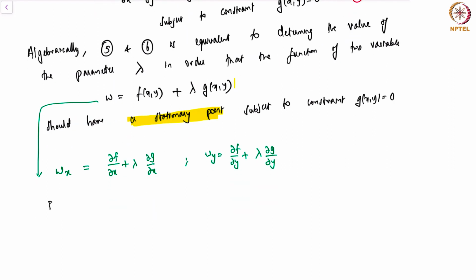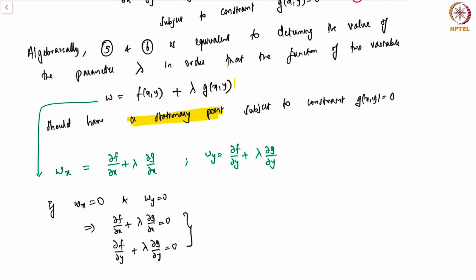If wx is equal to 0 and wy is equal to 0, this essentially means del f by del x plus lambda del g by del x is 0, and del f by del y plus lambda del g by del y is 0. Right?